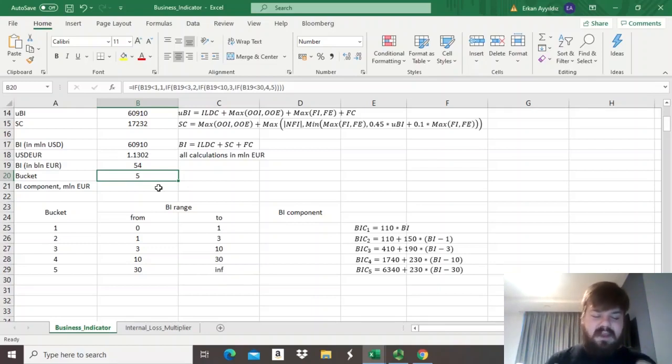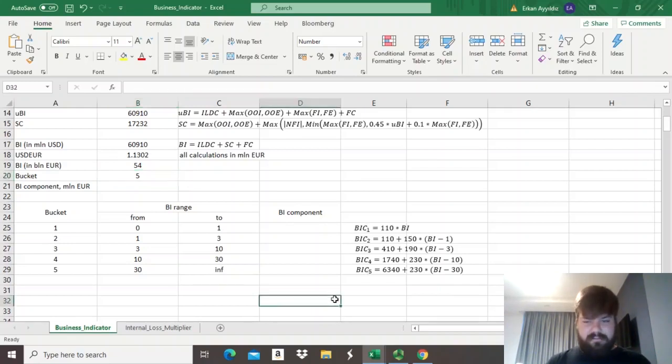Now, why did we calculate these buckets? Well, because the formula to calculate the business indicator component, that is one of the building blocks of the operational capital risk charge, depends on what bucket we are in.